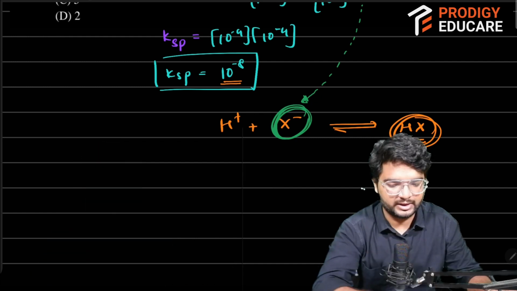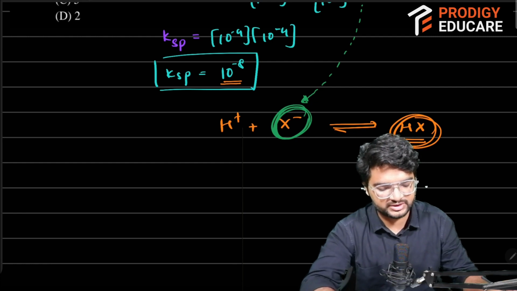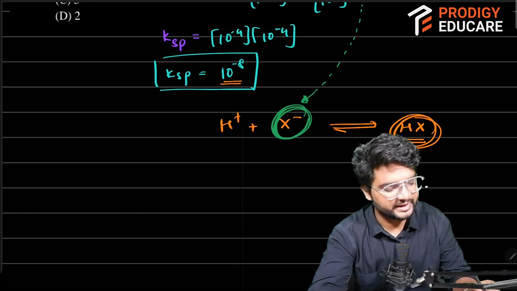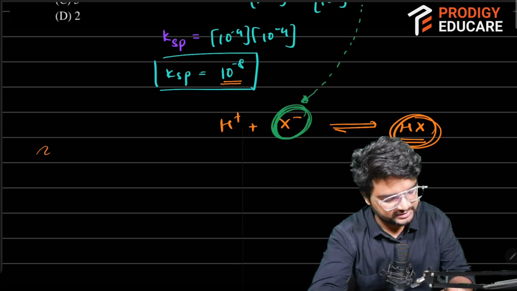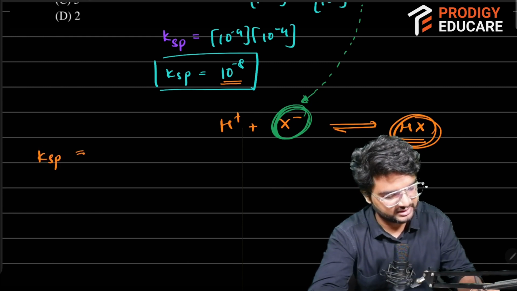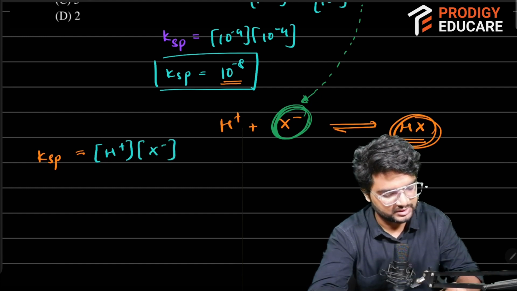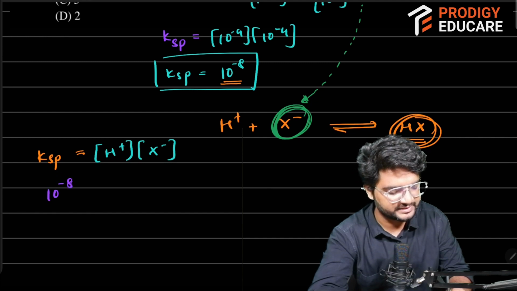We already know the KSP value. So if we calculate the KSP value, it will again be the solubility product of these two, H plus and X minus. The KSP value we know is 10 raised to minus 8.